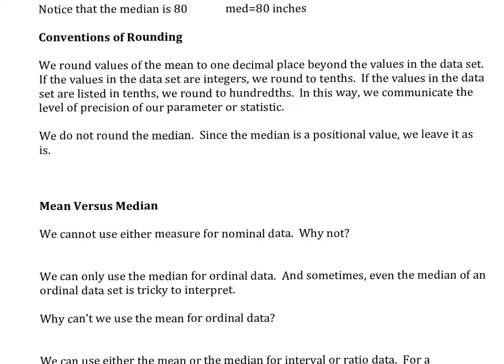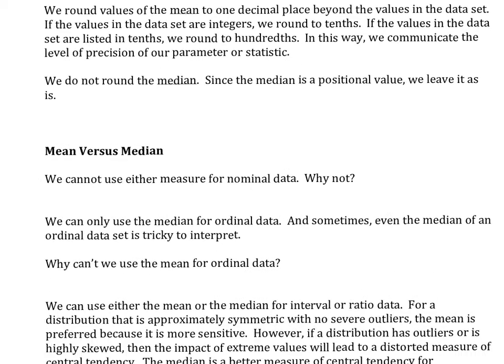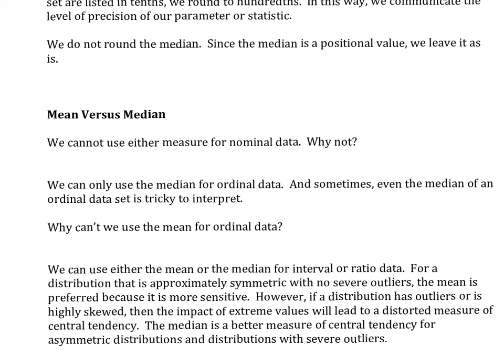And if the mean is rounded to hundredths, then you know that the precision of the data set is tenths. And the median, we don't round if there's an odd number of values in the data set. If there's an even number of values, then we would round the median.